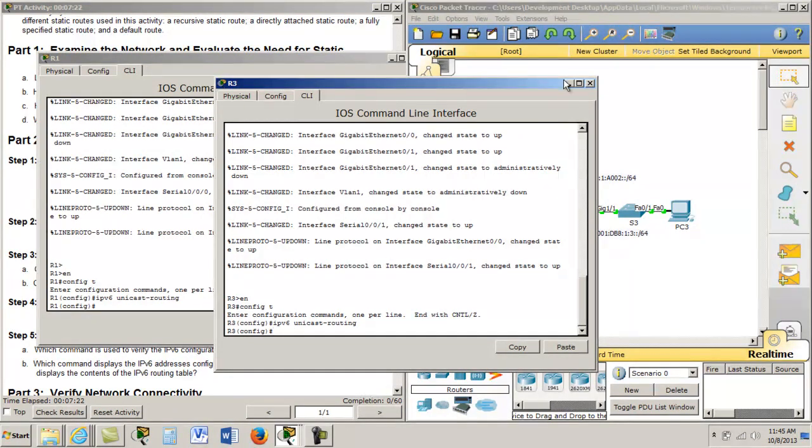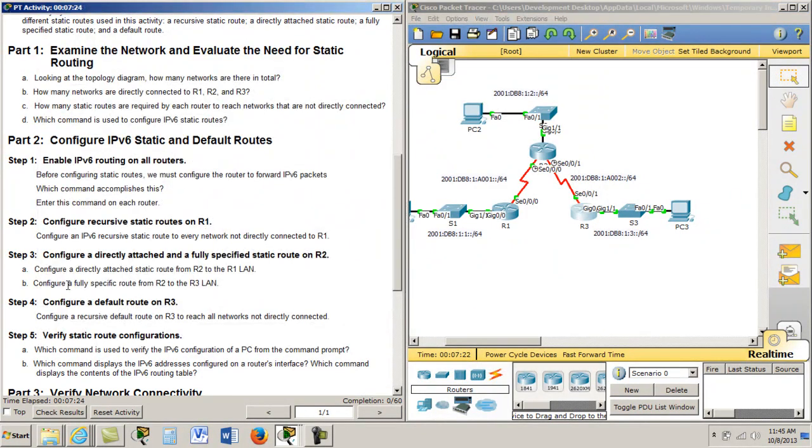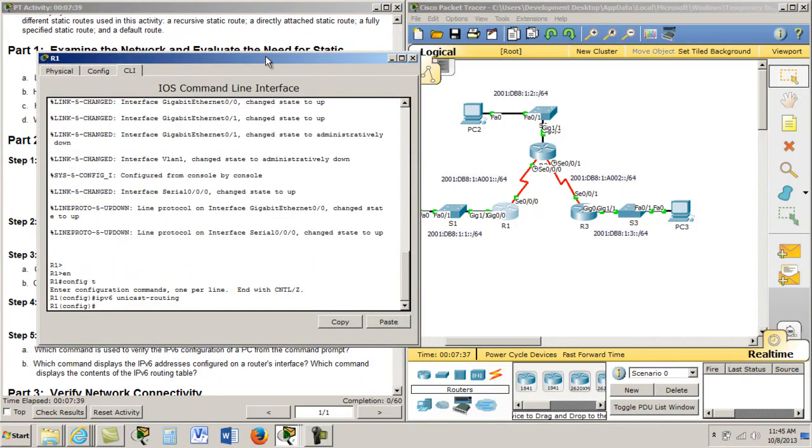Okay, so now we'll go back to our directions. Let's make sure we are doing the correct thing. Configure a recursive static route on R1. Configure an IP version 6 recursive static route to every network not directly connected to R1. A recursive static route means it wants a next hop router. So we go back to R1 and do the ipv6 route command, which is how we start a static route.